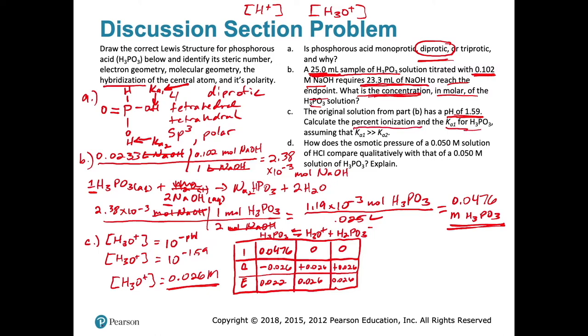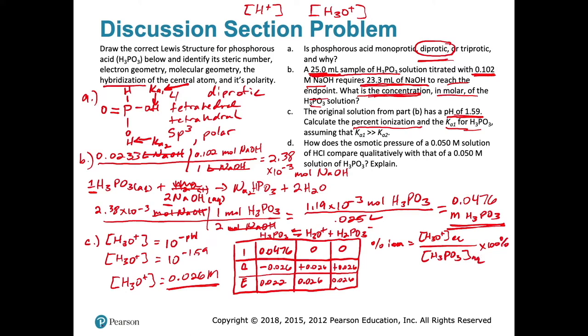So if you remember from a couple of previous slides ago, percent ionization equals the concentration of hydronium at equilibrium divided by the concentration of the original acid times 100%. Right?